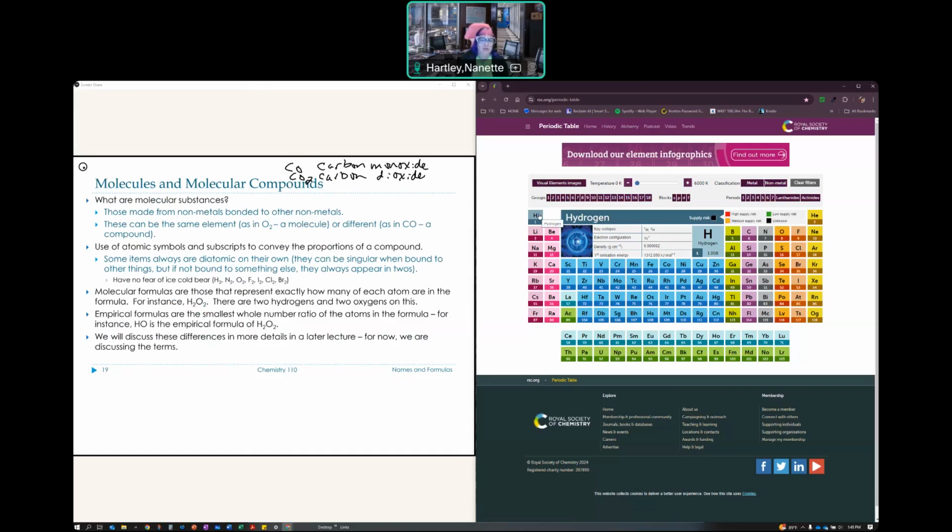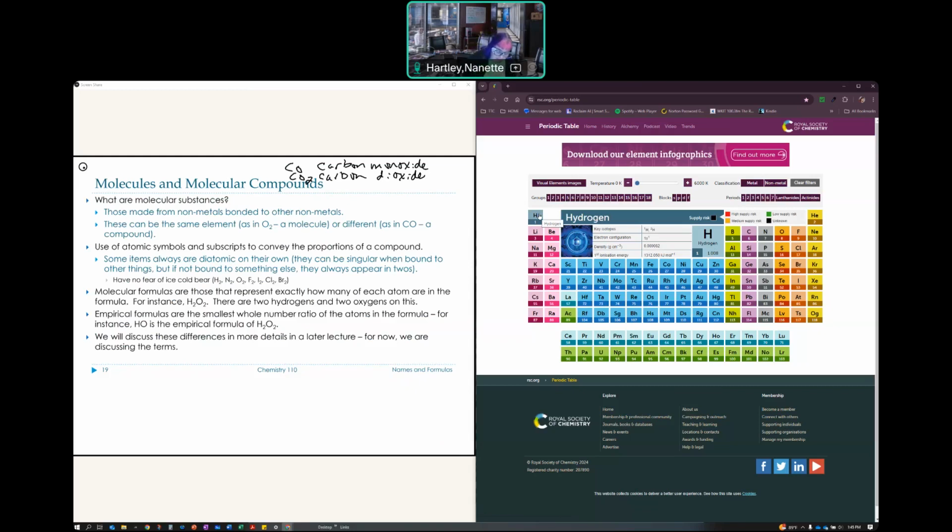We also have something called an empirical formula. Now, an empirical formula is the smallest whole number ratio of atoms in the formula. So I can't break it down any further. When I look at H2O2, what I see is that both of those can be divided by 2.